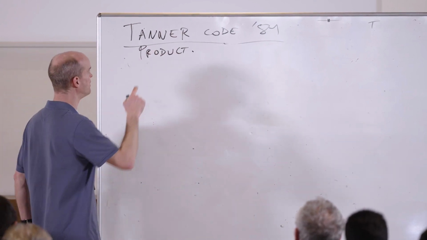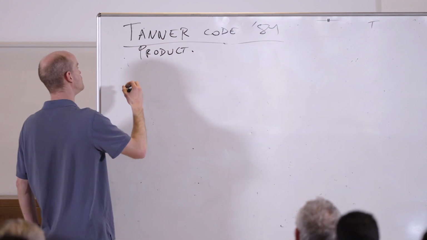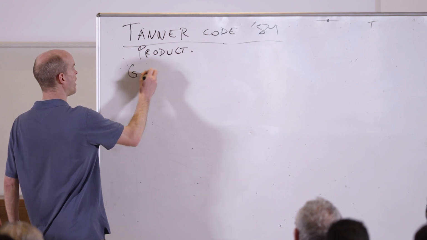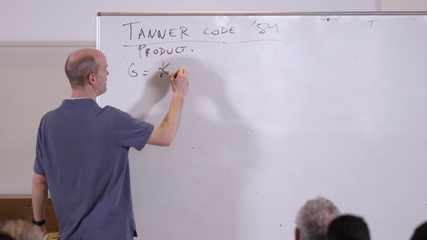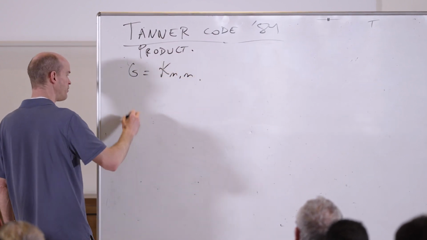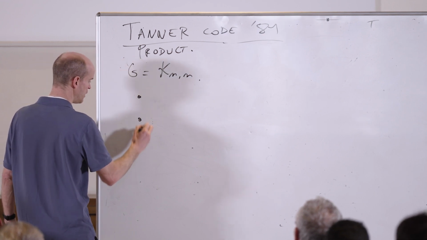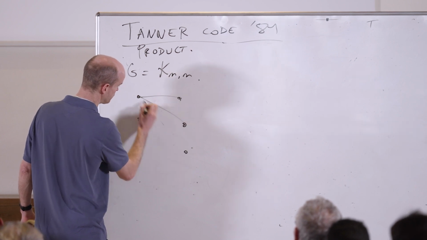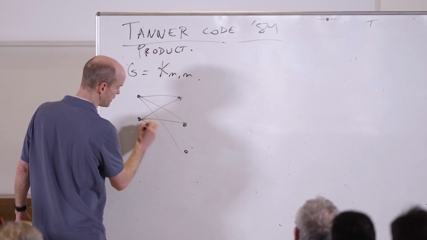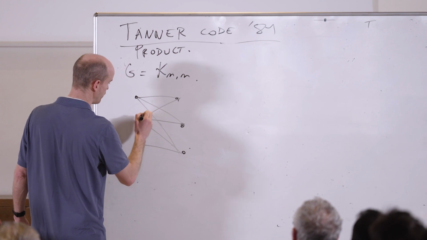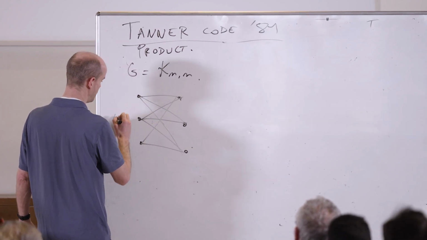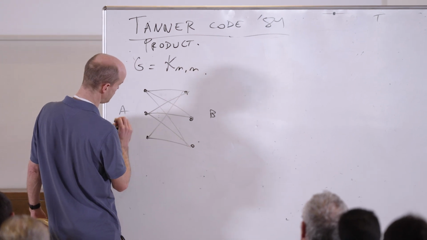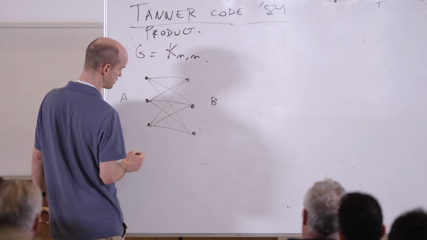The natural graph I can take is the complete bipartite graph K_{n,n}. Just as before, you have two sets of vertices, A and B, both of size n, and I put every possible edge between them.